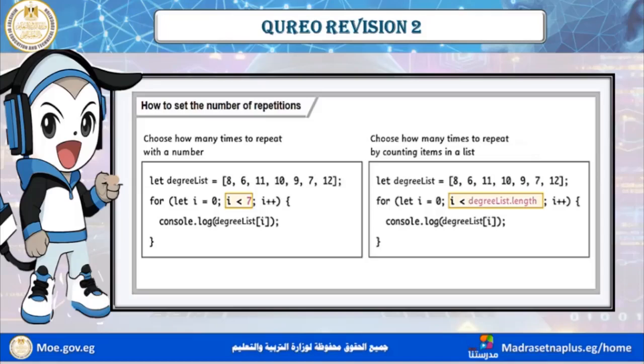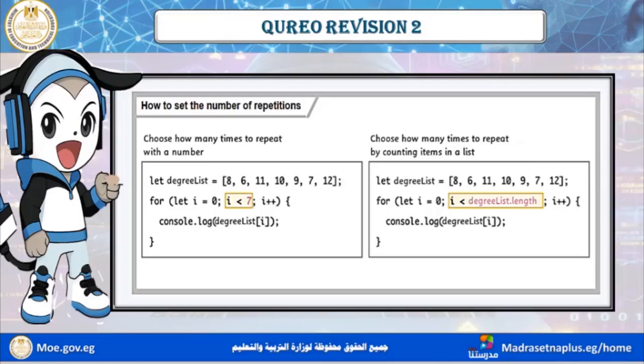We can choose how many times to repeat by counting the items in a list. So instead of putting i less than 7, instead of counting the number of elements inside the array, we have to write i less than degreeList.length.